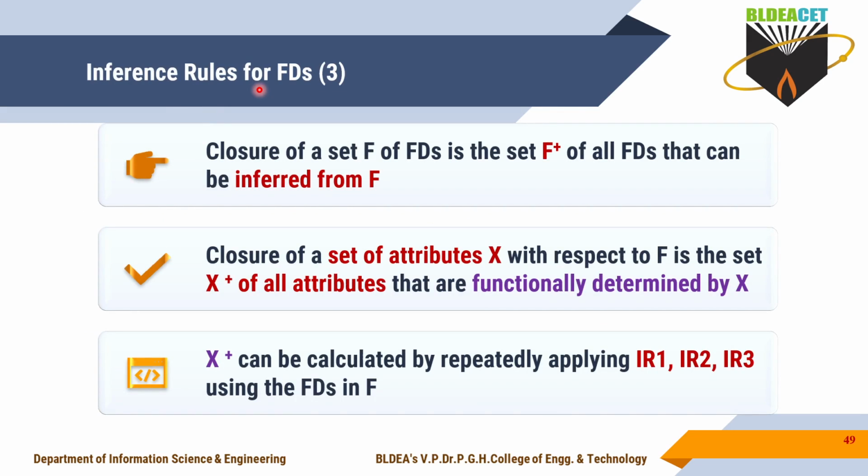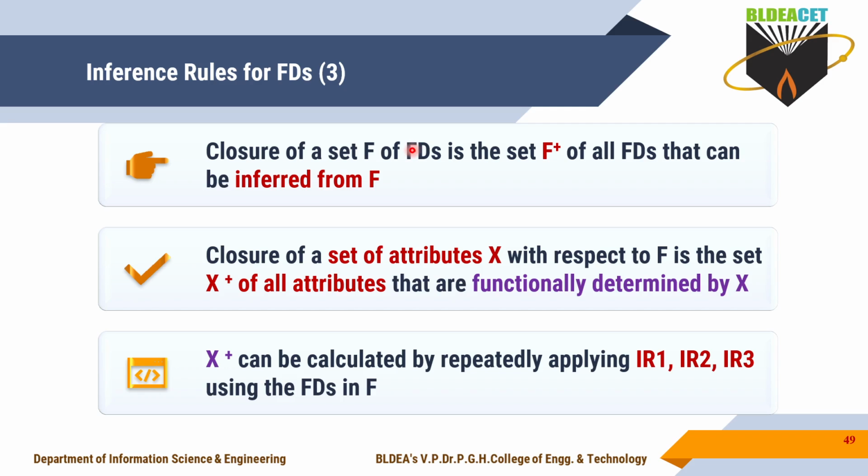Next, based on the inference rules, we can get the closure of a set F of functional dependencies. It is denoted like this: F plus, the set of all FDs that can be inferred from F. F is the given set, so F contains the set of functional dependencies.